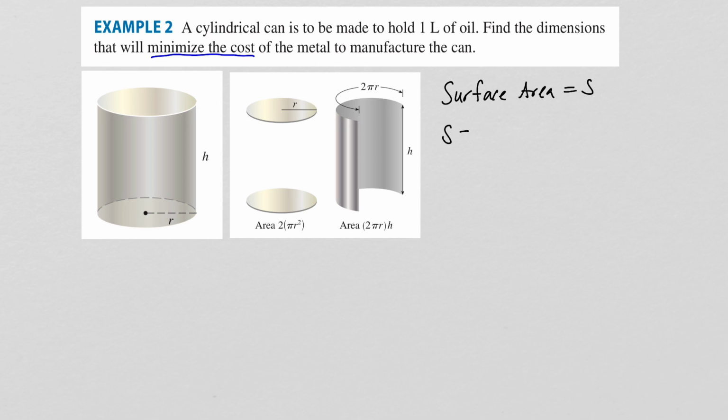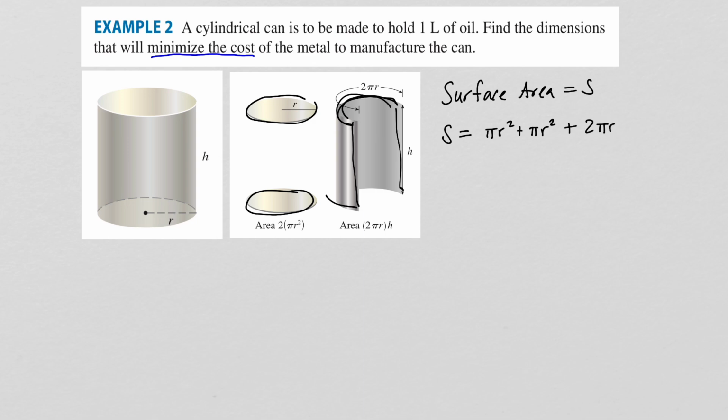And the surface area of a cylinder like this is going to be the area of the bottom plus the area of the top, and so that is pi r squared plus pi r squared, plus the area of the sides. Now, if you lay this out flat, you will get a rectangle, and the length of that rectangle is 2 pi r, and the height will be h.